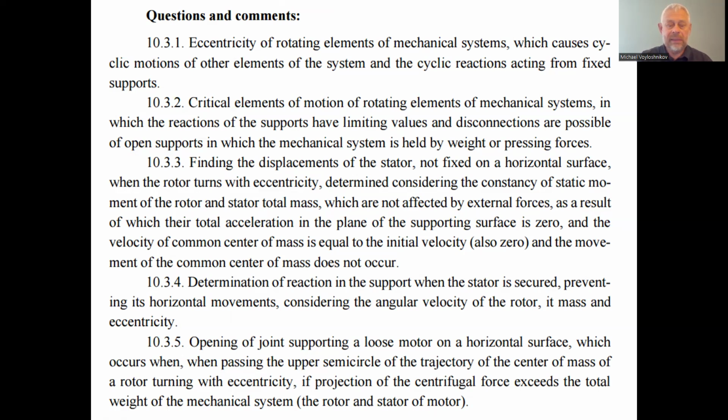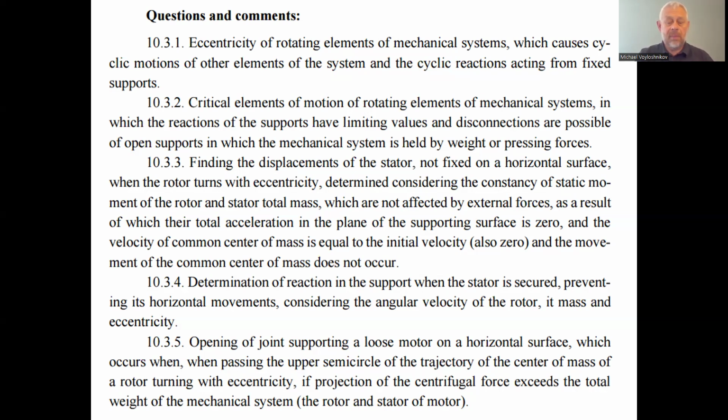And if the forces of inertia due to the normal acceleration acting on the rotating parts of the mechanical system exceed the total weight of the mechanical system, then it is possible that gaps open between the supporting surface, any kind of foundation, and the mechanical system.